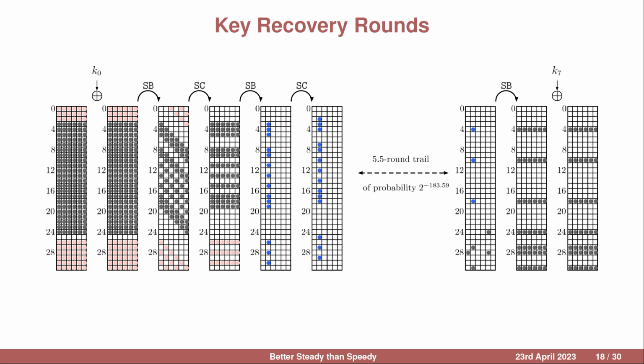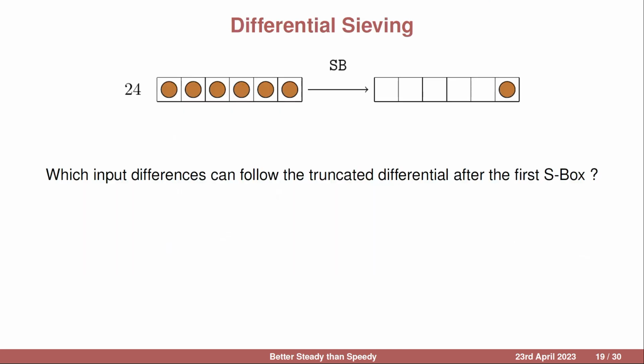One thing that we can do right now is just focus on row 24 in the input. What we can see is that there is a transition like this present in the key recovery round. The question we can wonder is which input differences can follow such a transition, because some differences cannot verify this transition.